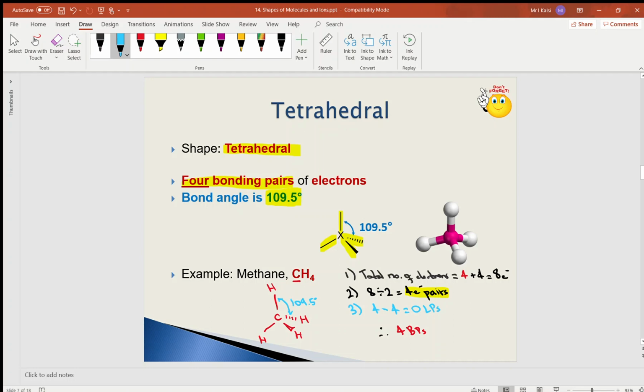109.5 degrees. Now, there is one mistake which certainly has been pointed out by examiners, and that's when people draw this very, very quickly. I'll show you what they do. They draw it out like this. And as you can see, you might say, well, actually, hang on, there's nothing wrong with it, because you've got the 2 lines in the plane of the paper, you've got a wedge, and you've got a dotted line. The problem is, if you look at the wedge and the straight line at the top, they're actually 180 degrees between them.